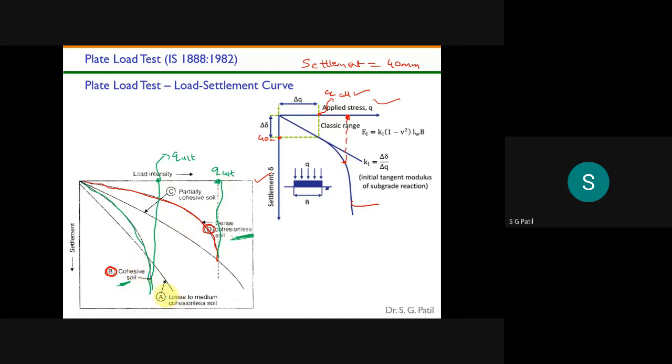But now concentrate on the other two curves, A and C. See curve A, this is almost a straight line. There is no sharp bending here, as well as for this curve also.